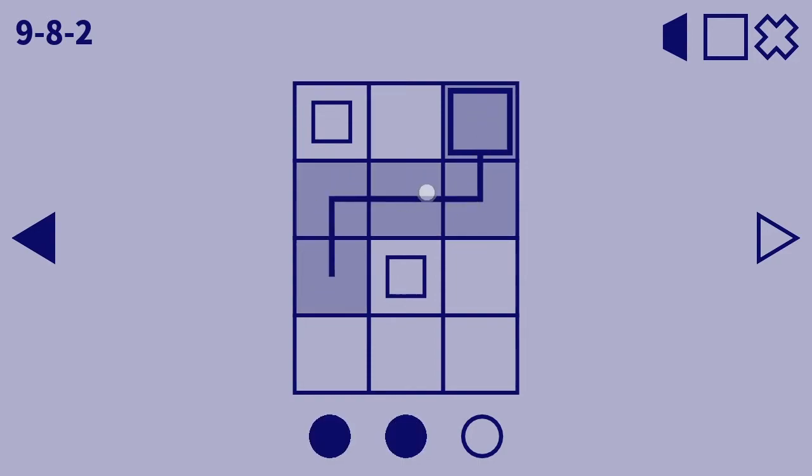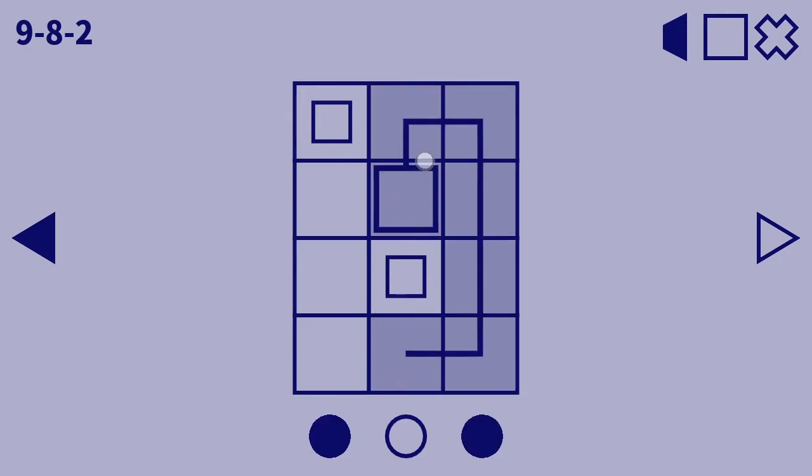Something to do with corners. Can I even get it right? Third one is satisfied there. So, what if I just fill that in? Oh, sorry, no. And that. Nope, I lose the third one. Because that's got an extra corner next to it.